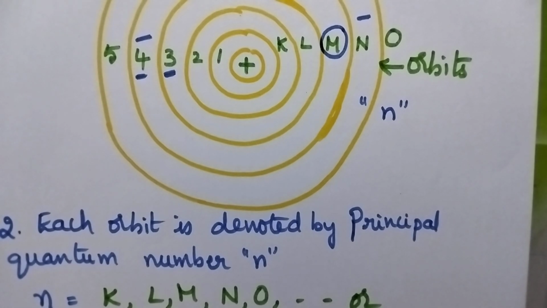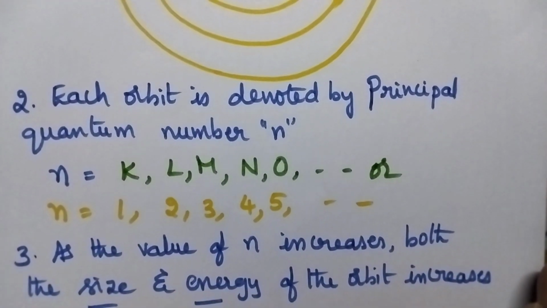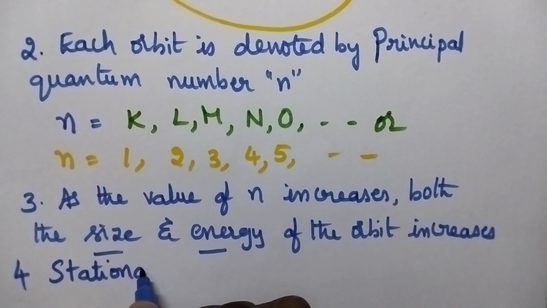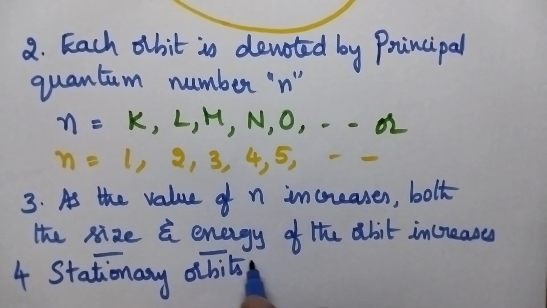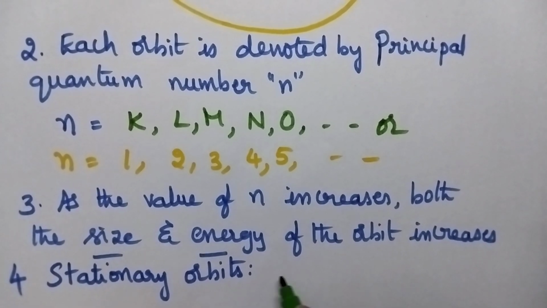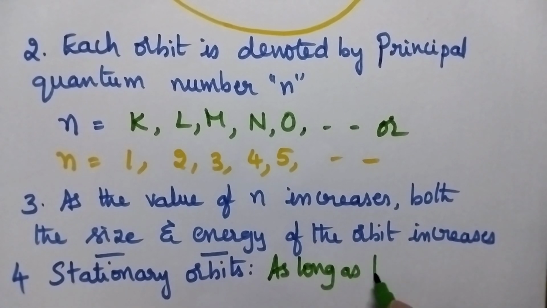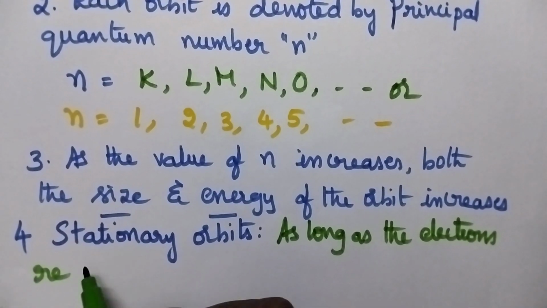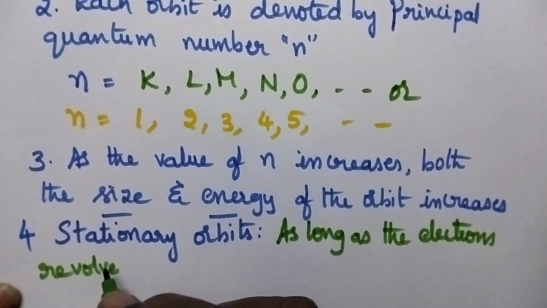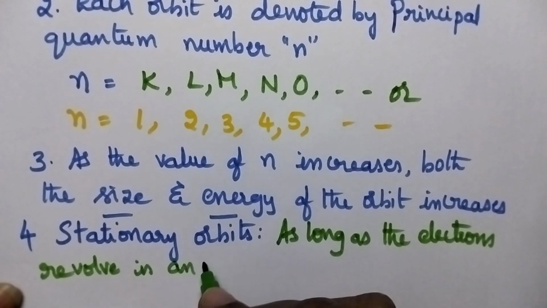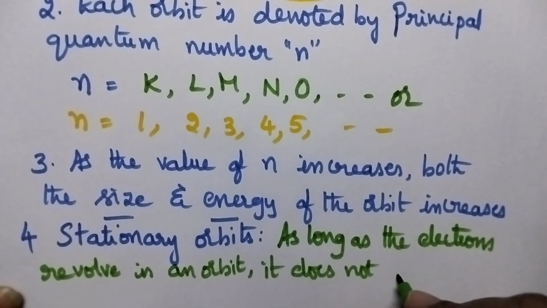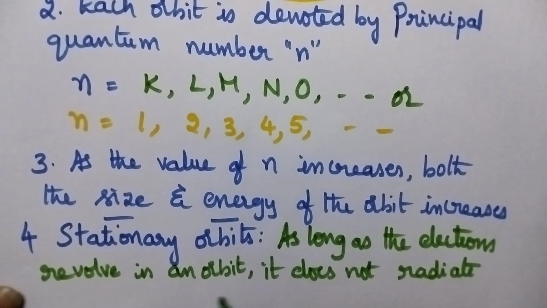So as long as the electron revolves in an orbit, it does not radiate energy.